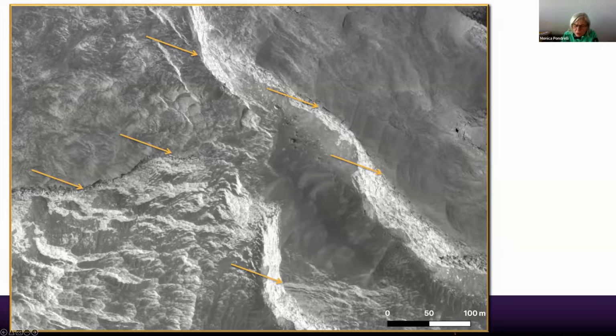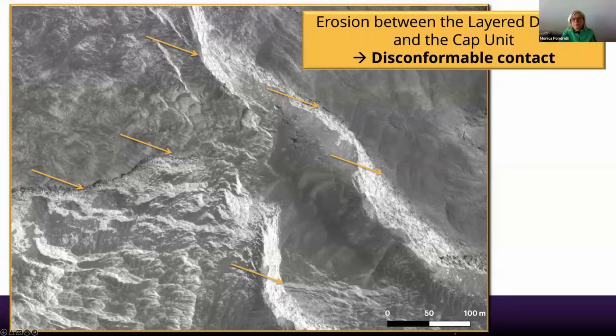It's always reworked by wind, and this is one of the reasons for this different level of erosion of the cap unit, because wind is acting in different ways depending on the position of the unit itself. But again, this contact occurs at different locations, at different elevation, sorry.